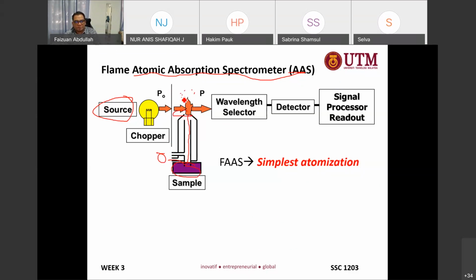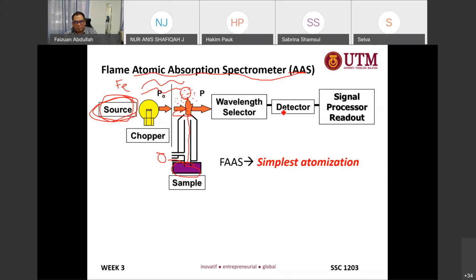The atoms of our specific metal that is similar to the light source, for example iron, will absorb the energy from the light source.